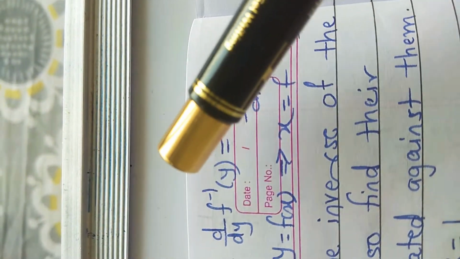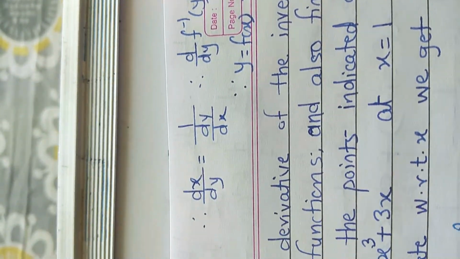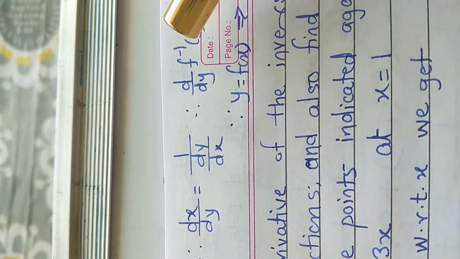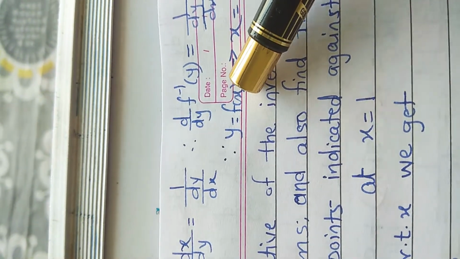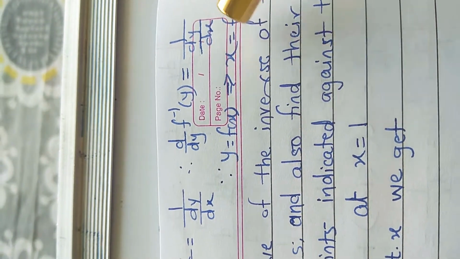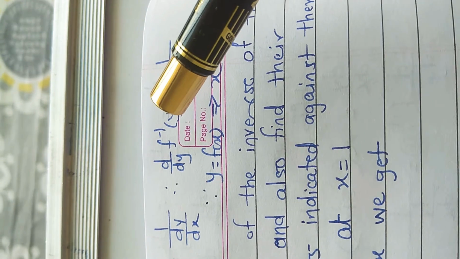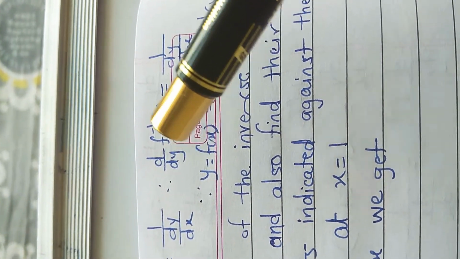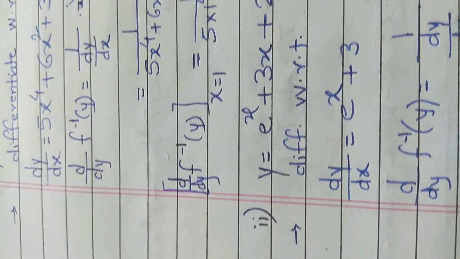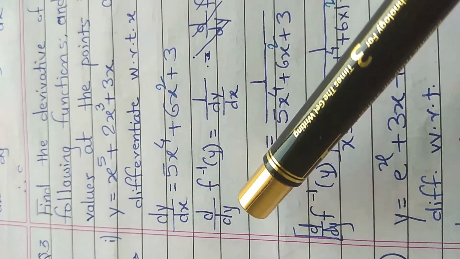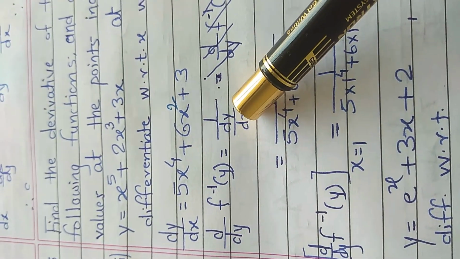So, derivative of f inverse of y is equal to 1 upon dy by dx. x is equal to f inverse of y because y is equal to f of x and therefore x is equal to f inverse of y. Therefore, we can conclude that derivative of the inverse function of y with respect to y is always equal to 1 upon dy by dx. So, here also we will write that derivative of f inverse of y with respect to y is equal to 1 upon dy by dx.